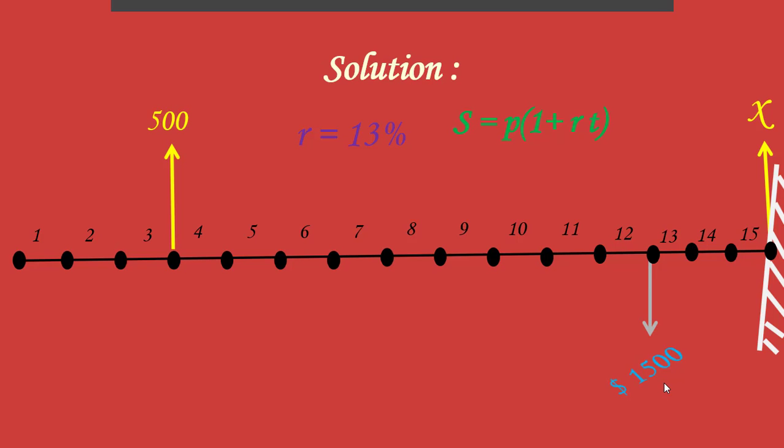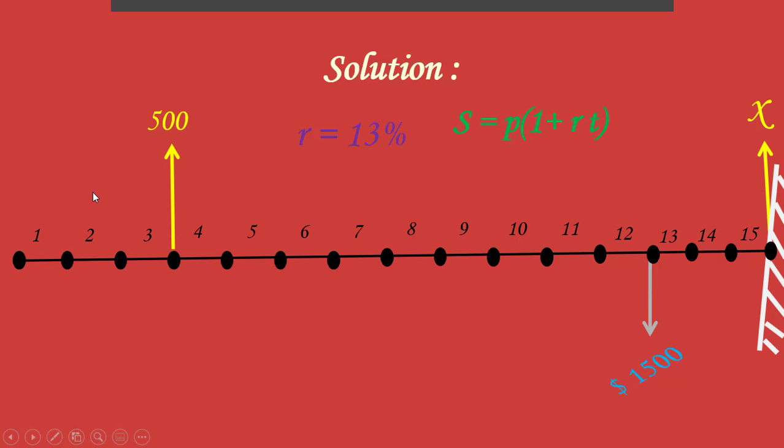The value of old obligations, $1,500, must be equal to the value of new obligations, the value of $500 plus the value of X. So to get the value of $1,500, we must get the amount for this payment by using the formula S equals B times 1 plus RT, for 3 months with interest rate at 13%.